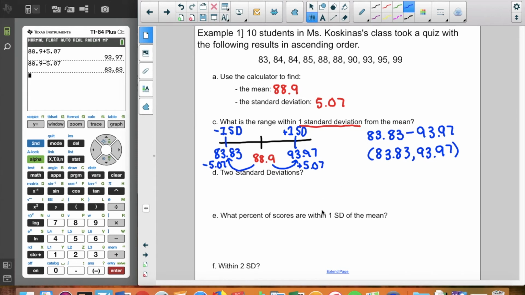So now let's get within 2 standard deviations. It's the same type of process. If you want to use the same line, you can. I'm going to just rewrite it with our data points in there. So we have 88.9. We found that 1 standard deviation away was 93.97 and 83.83.